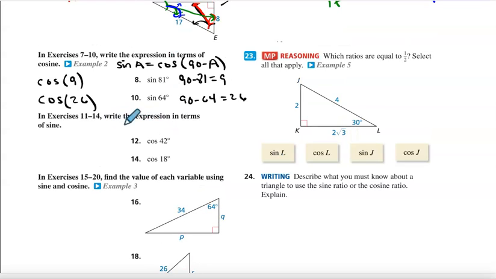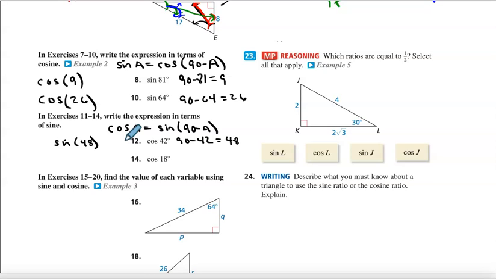Okay, so this one, cosine, same thing. The cosine of an angle A is equal to the sine of 90 minus that angle. So all we really need here is 90 minus 42, which is 48. So cosine of 42 is the same as sine of 48.